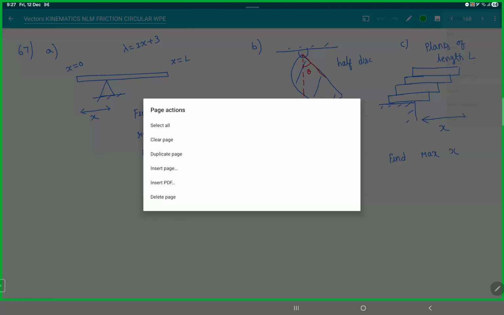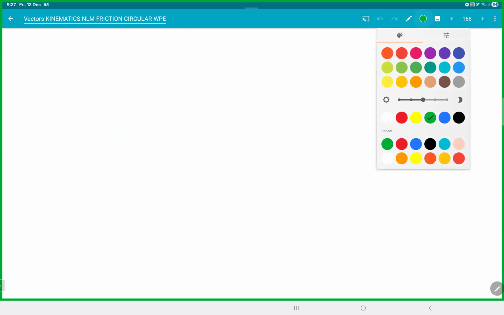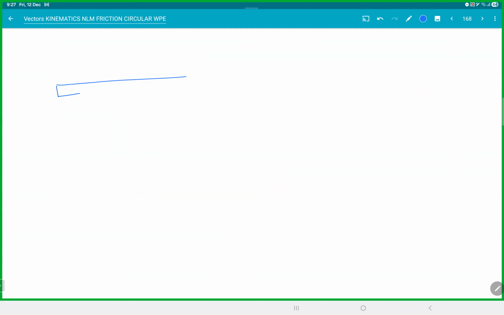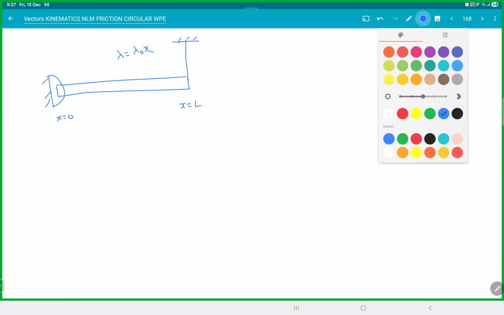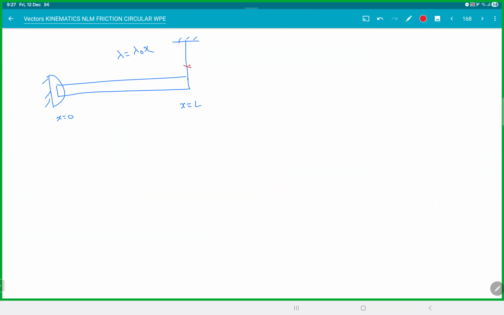Let me ask you one more. Let's say we got a rod, X is equal to 0, X is equal to L, and let's say lambda is equal to lambda naught X. The string is cut here.